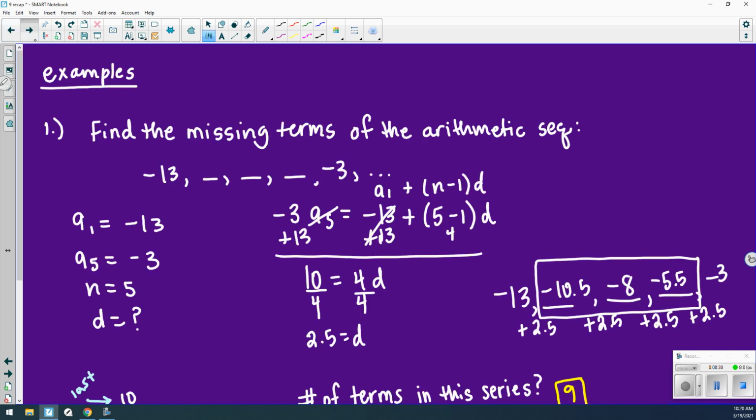In this last example, number 3, we're going to evaluate the finite series for 8 terms.